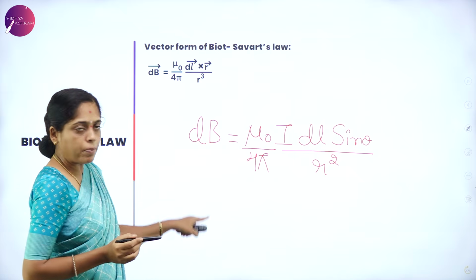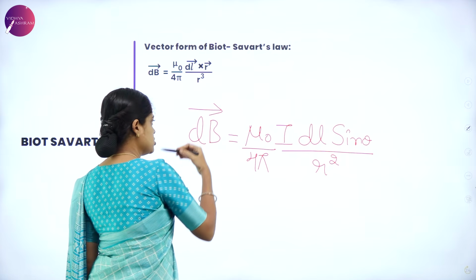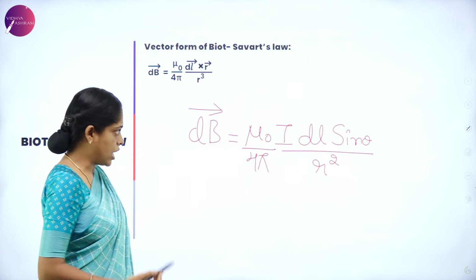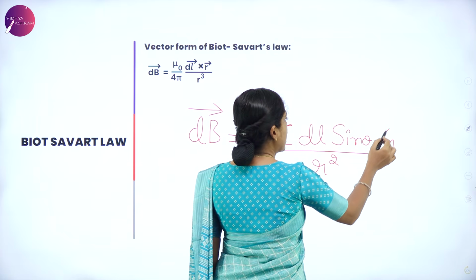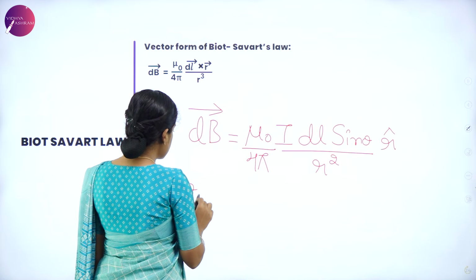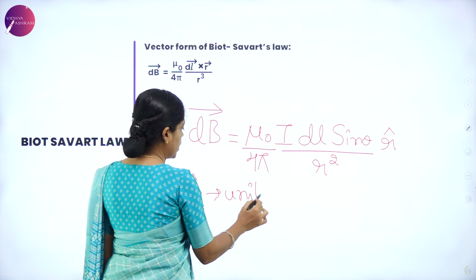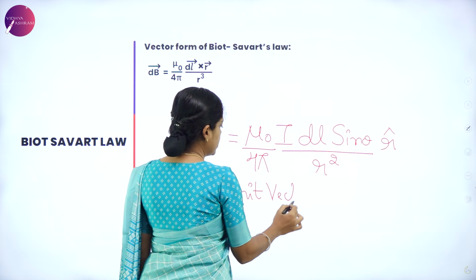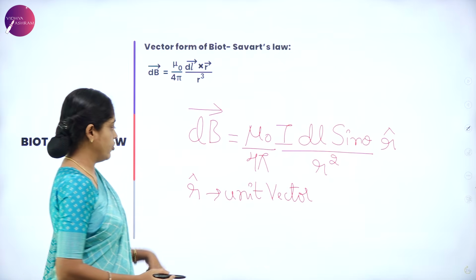As we have to represent this in vector form, dB, that is magnetic field, is a vector quantity. Consider its direction as r cap. What is r cap? R cap is a unit vector, nothing but a direction vector which gives the direction of the magnetic field.